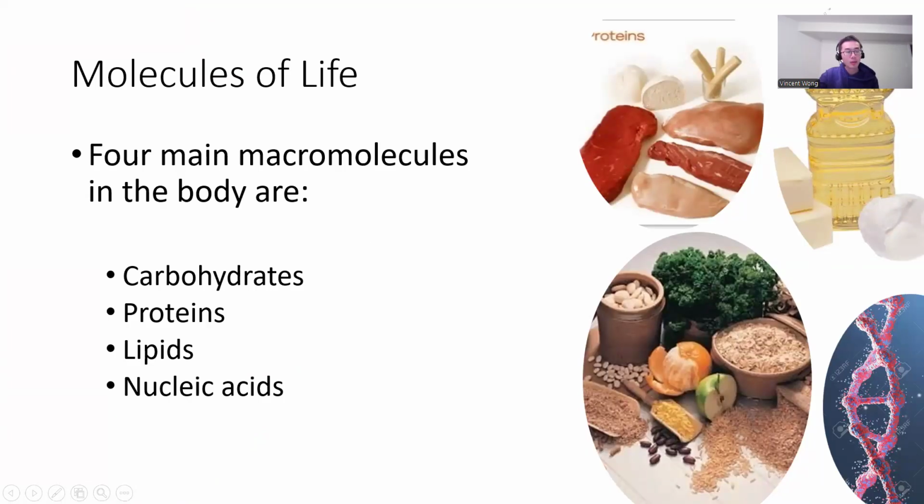The key macromolecules that we have in our body include carbohydrates, people call them carbs, proteins, which you can get by eating meats, or if you are vegan, from soy products, for example, lipids, which is your oily stuff, and nucleic acids, which is what our DNA is made up of.